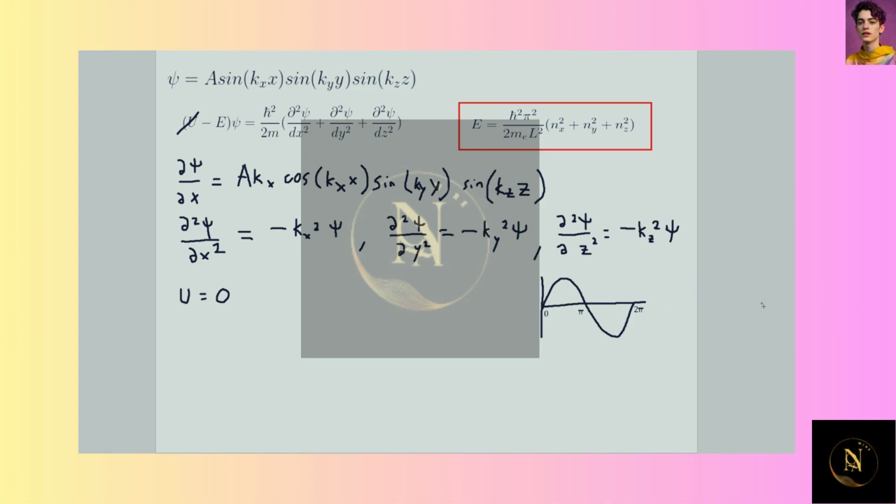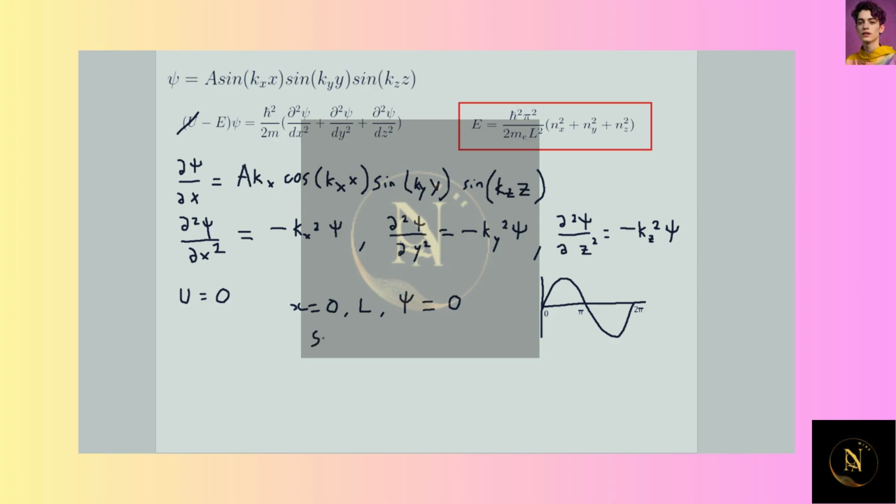Now this could go on forever and ever if we wanted to, as far as L. But we know when x is 0 or L, so at the two walls of the box, the wave function must be equal to 0, because these are infinite potential wells. We assume that the particles are confined to that box. We can't find them outside of the walls.